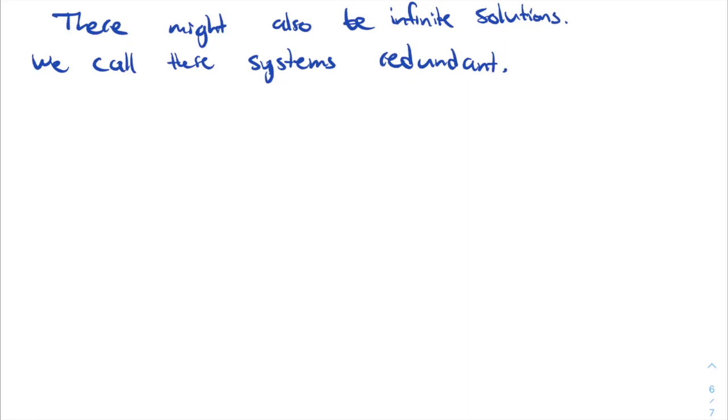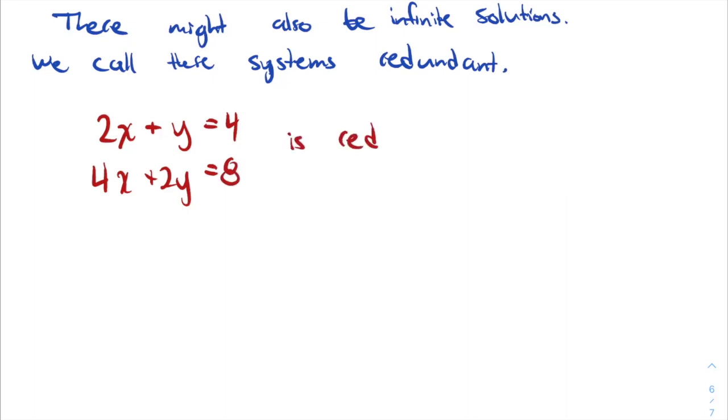You might ask the question, when do two straight lines intersect each other an infinitely many number of times? Well, that only happens when we're actually talking about the same line. And if we're actually talking about the same line, then we don't need two separate equations. Thus, the two that we're given are redundant. We can see that in this example of a system 2x plus y equals 4 and 4x plus 2y equals 8. It's redundant. It has infinitely many solutions.